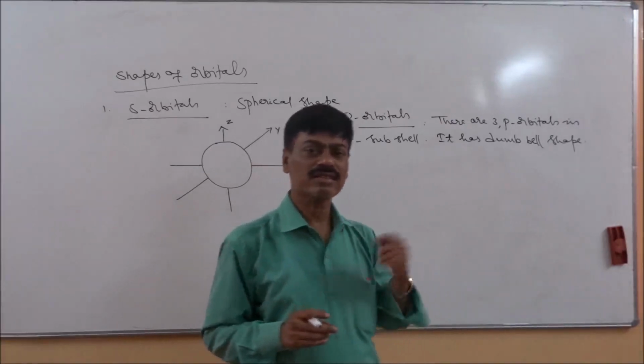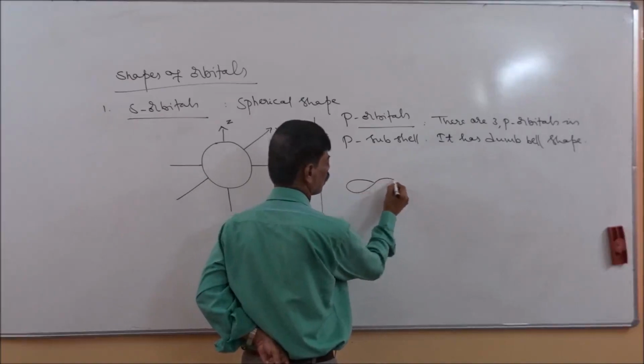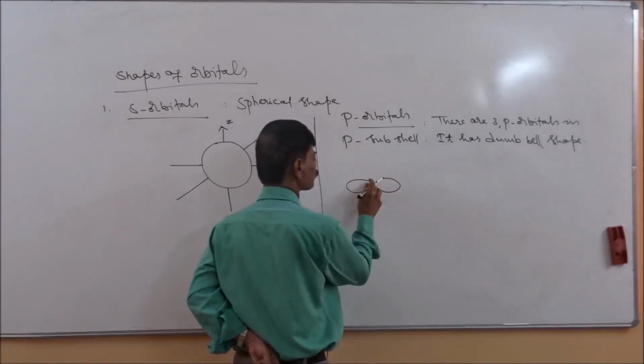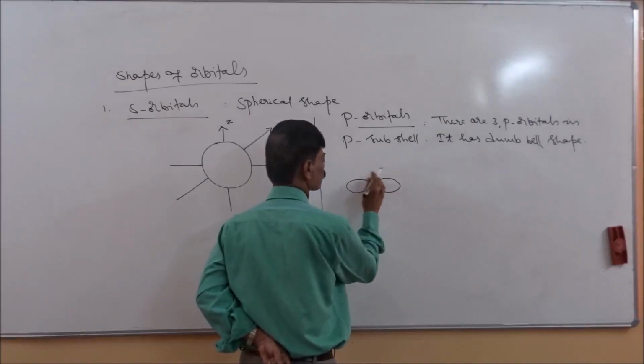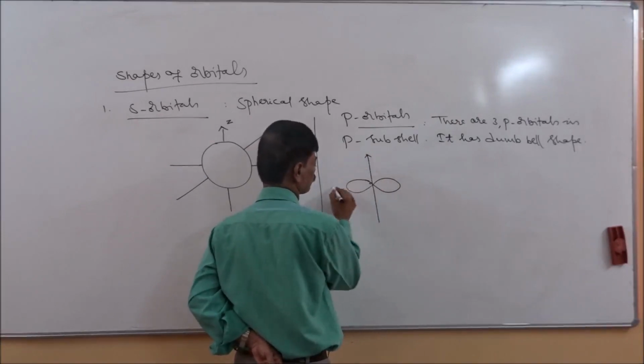Now let us see these three orbitals. This is one dumbbell, right, and axes I will show in this way.